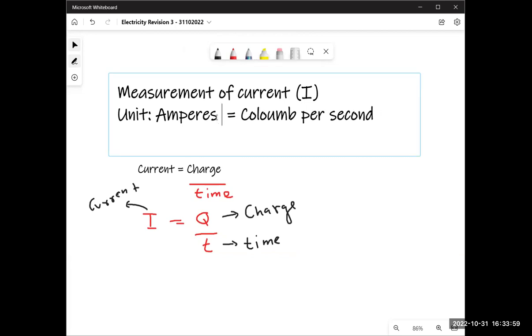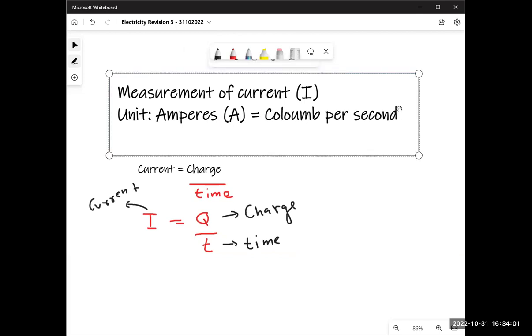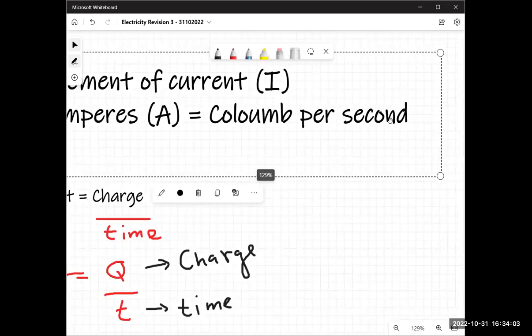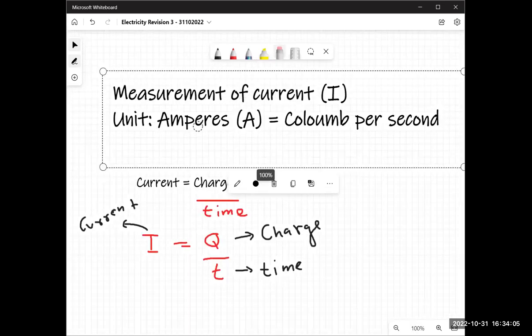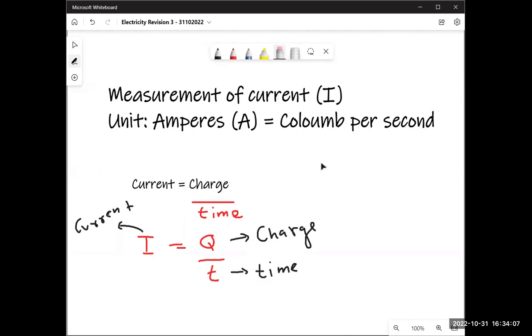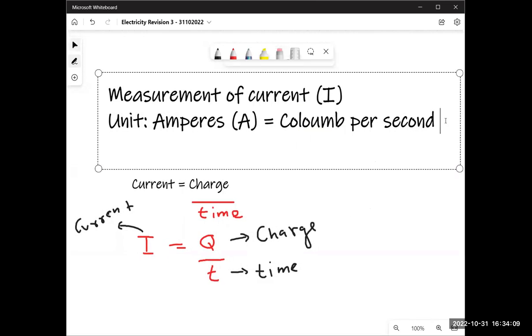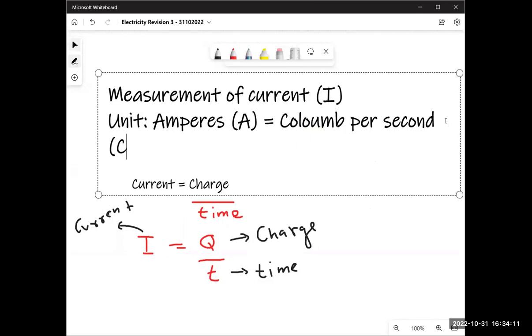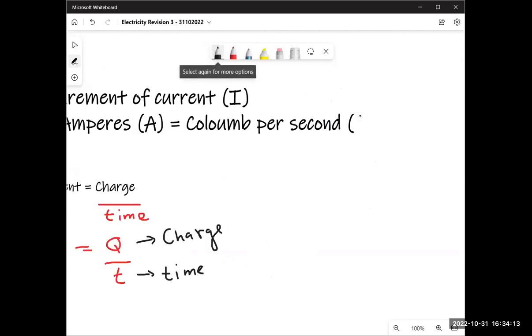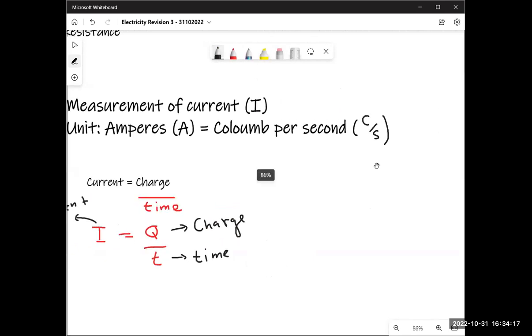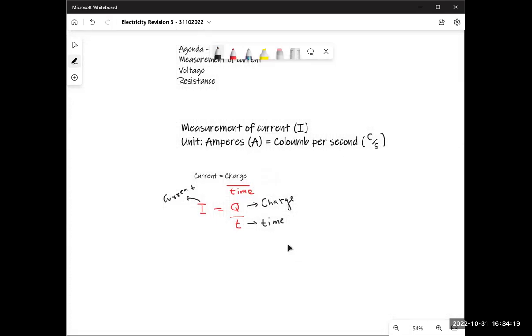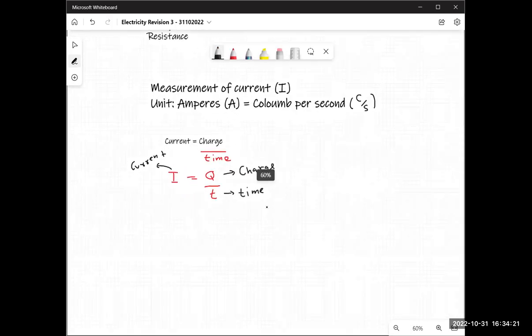Let's write the symbols for these. A is amperes, and coulomb per second is basically C by S. But these are the units, they are not the symbols. Okay. Now next thing, we're clear with this. This was just a recap from the last class.